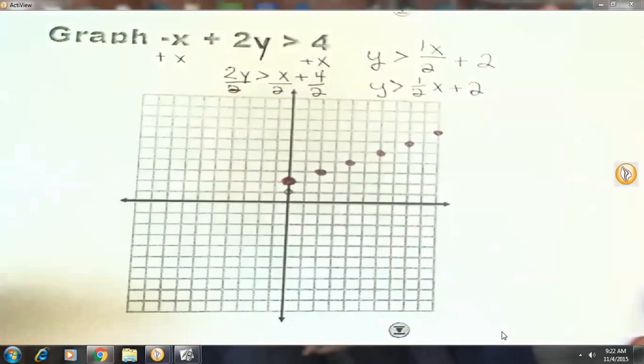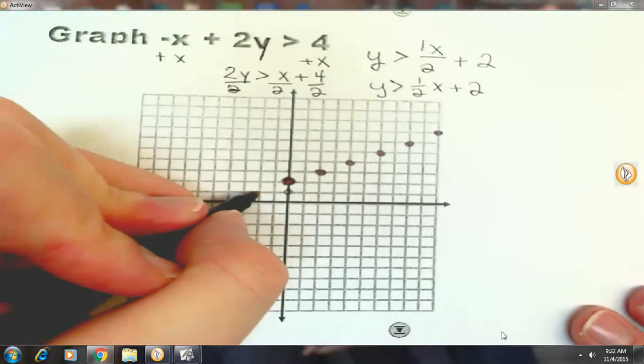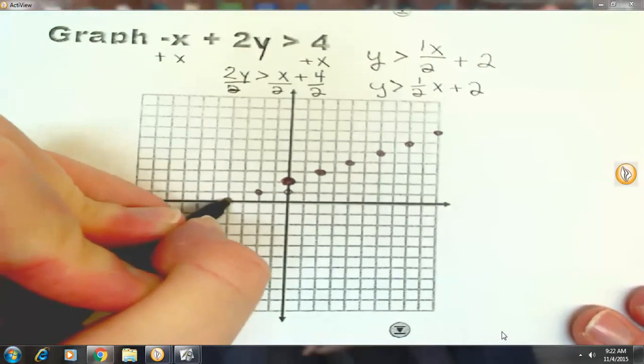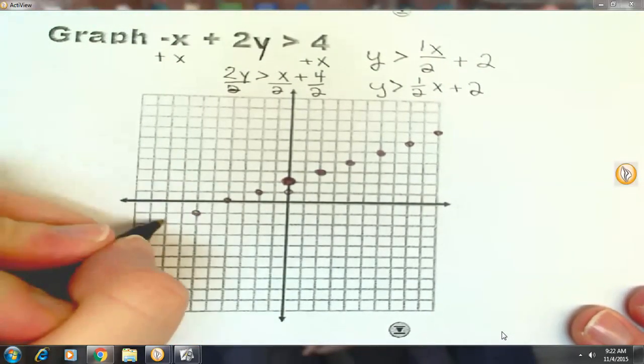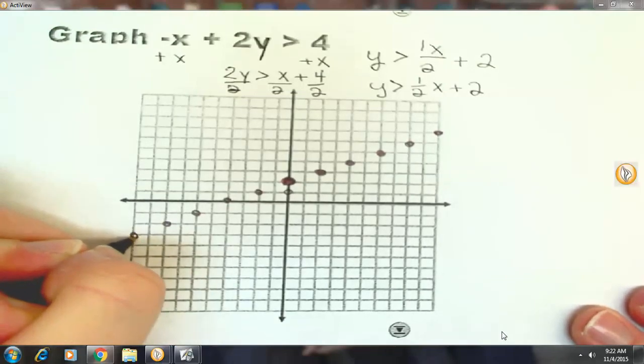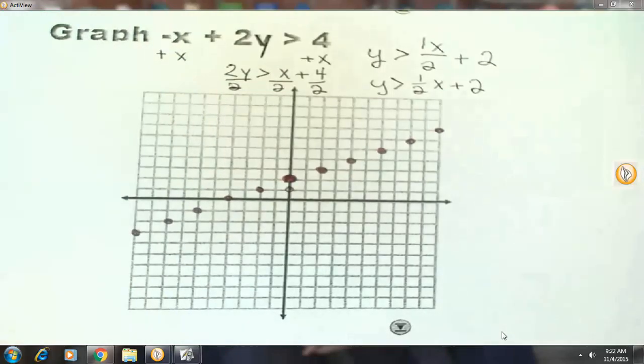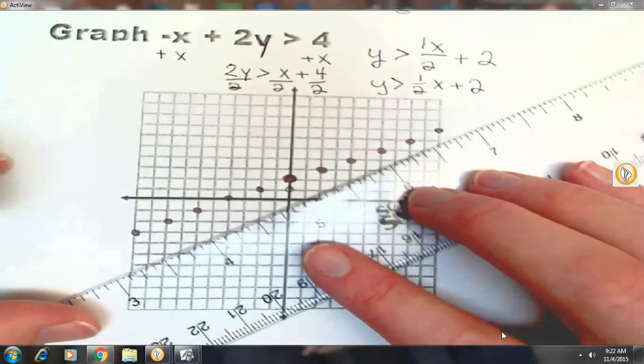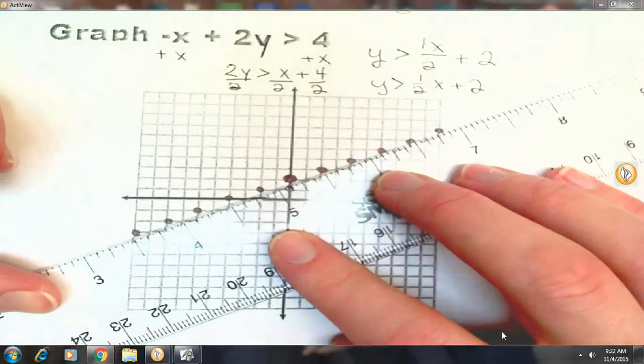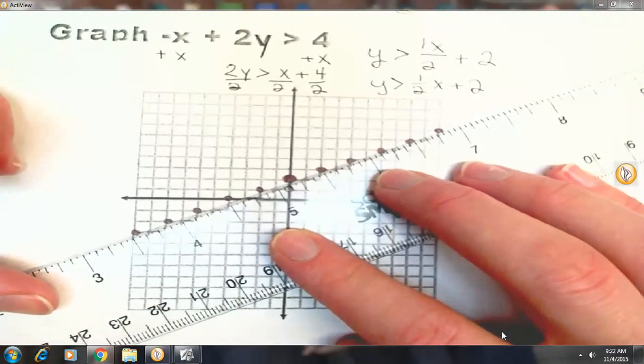Remember, we do need a minimum of 3 points on our line. The more points you pick, the more accurate your graph is going to be. This time we'll use a dash or a solid line. A dashed line.